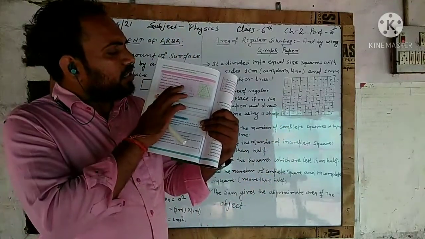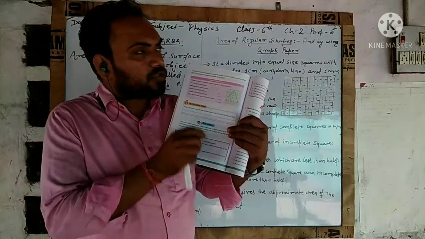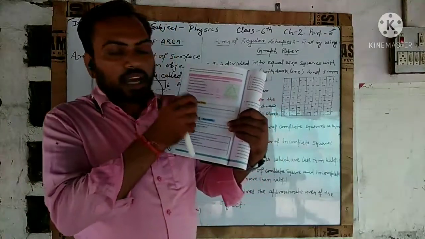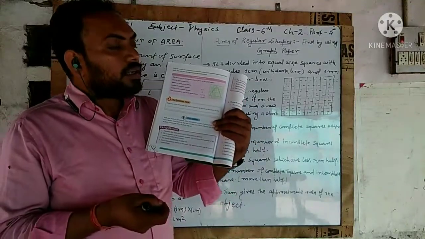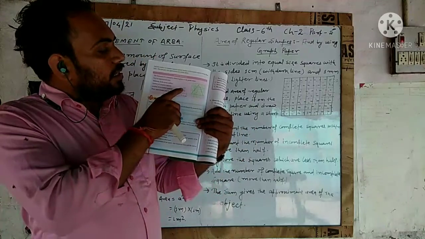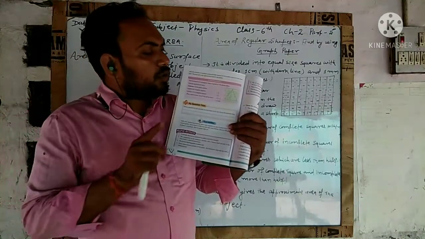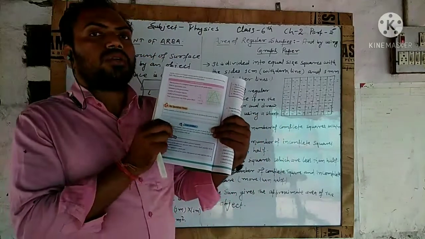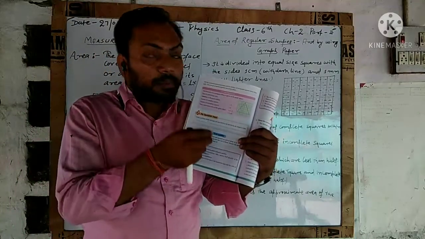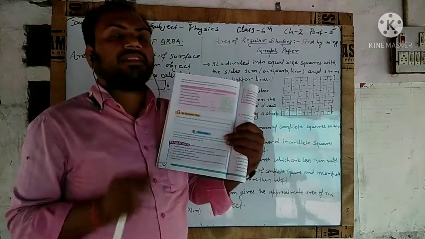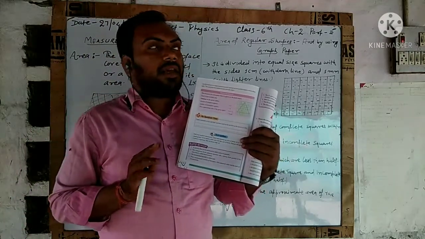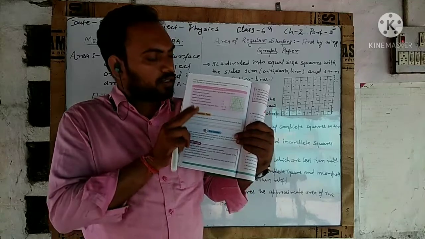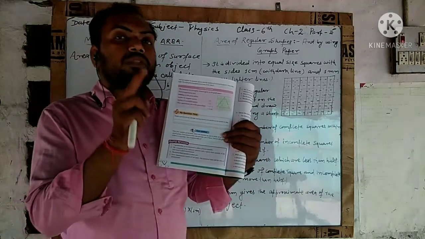It has counted the number of complete squares present in the outline of the triangle, and then the incomplete squares which are more than half.